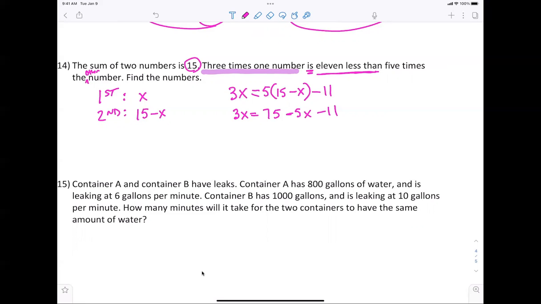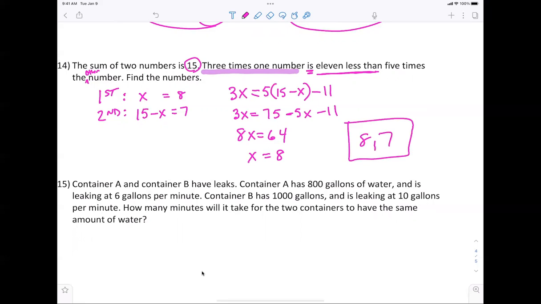All right, now adding the 5x. 75 minus 11. So x equals 8. So the two numbers are what? 8 and 7. Those are my two numbers.